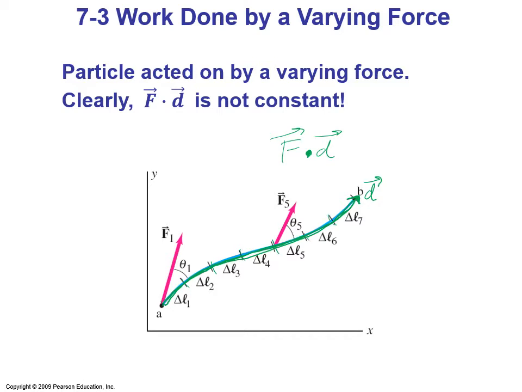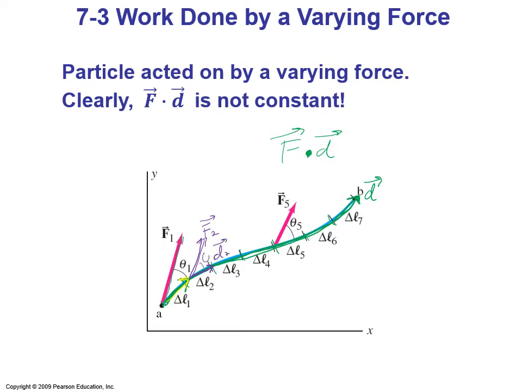And maybe we could take the dot product between the force that's acting right here, F1, and this little displacement element right here. I need a new color. So this little displacement element here. And then maybe we could take the force here at F2 and take the dot product between that and this little displacement vector here, D2.